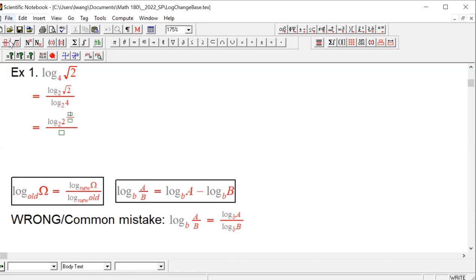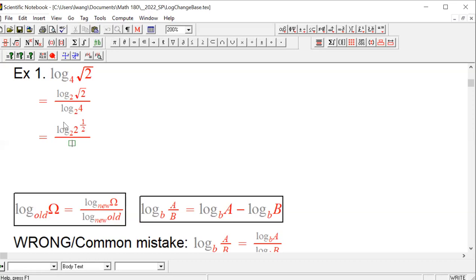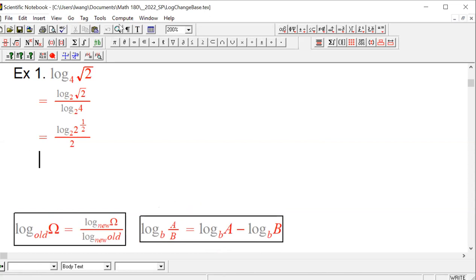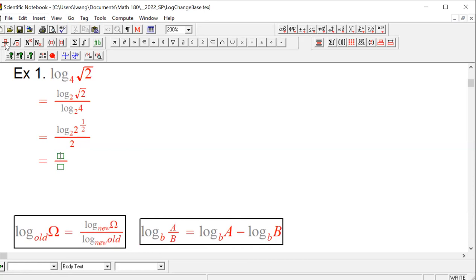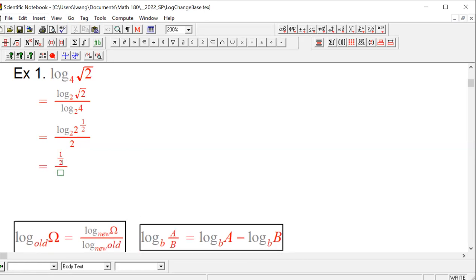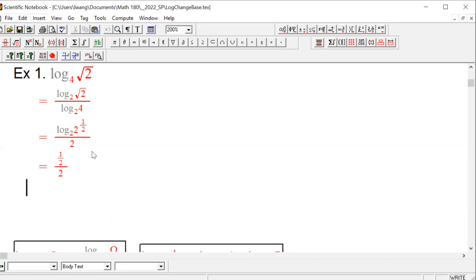So the top is equal to half, and the bottom is already 2. And a half divided by 2, that's half of half, which is a quarter.